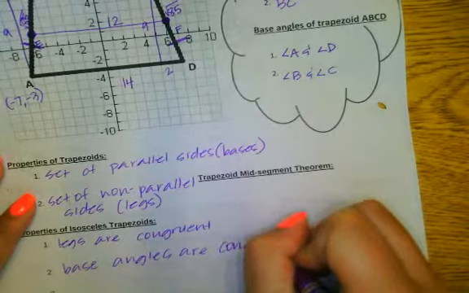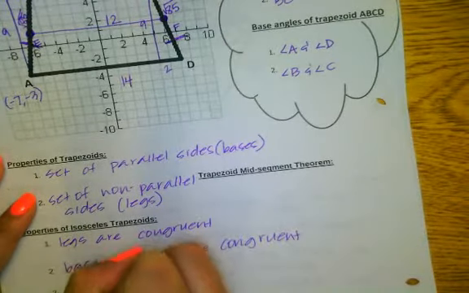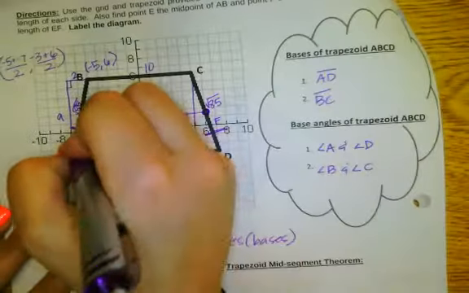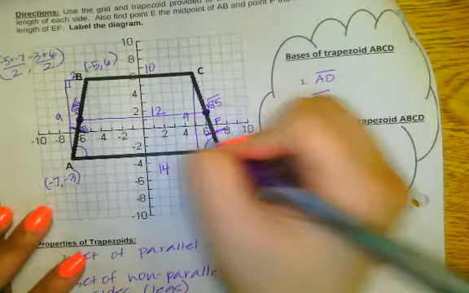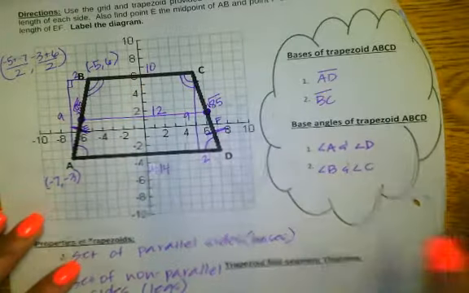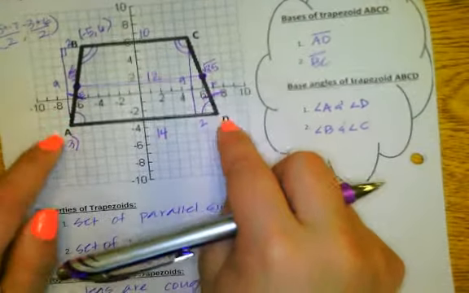And you have 2 pairs. So I have angle A is congruent to angle D, and angle B is congruent to angle C. So A and D go together, B and C go together.